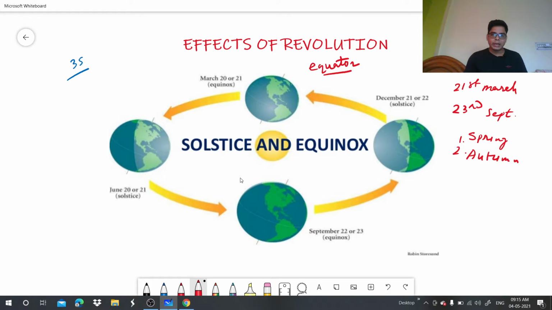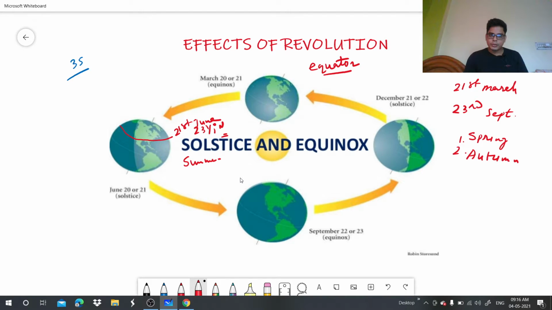This is the summer solstice. The temperature of the northern hemisphere rises, and there is a seasonal change. When summer comes in the northern hemisphere, winter comes in the southern hemisphere.